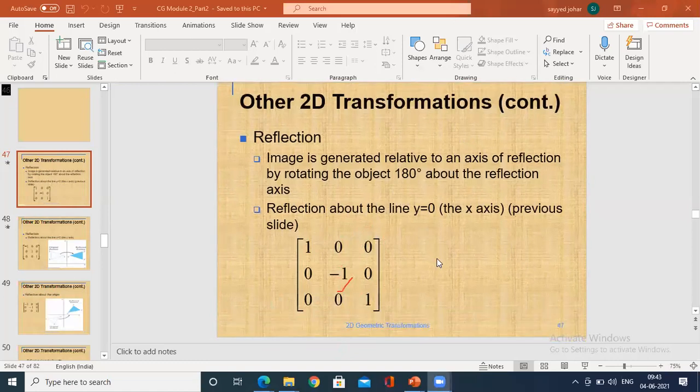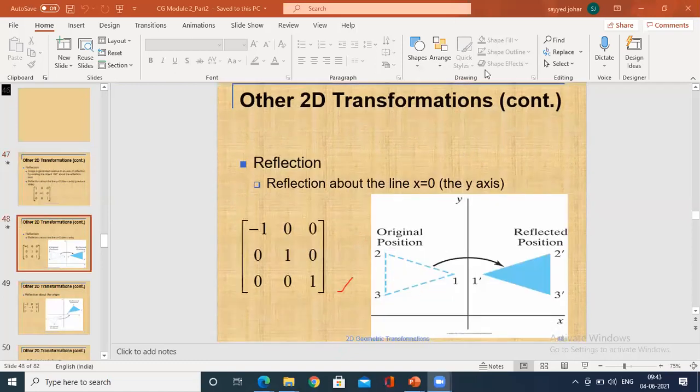Similarly, y-axis reflection. Understand? So in this case, what happens? Again, you can analyze: x equals -1. Why? See, the original image is this. When you say 1, what is the distance along this x-axis? This is negative, and this becomes positive. I'm talking about this distance.